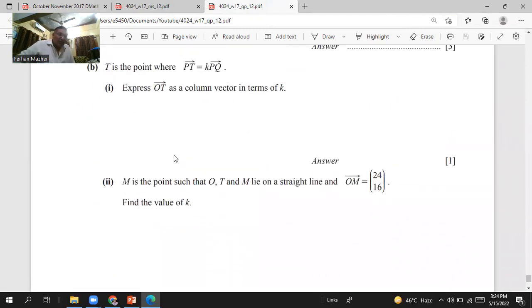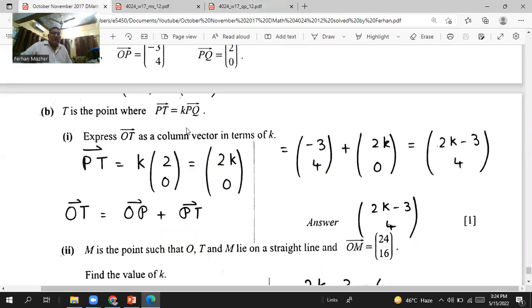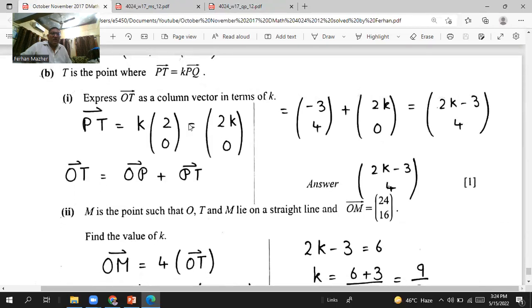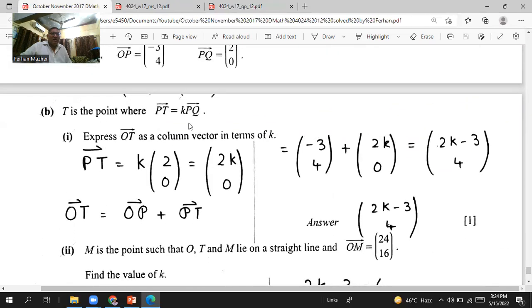So the question is express OT as a column vector. So PT will be K times (2, 0), the value of the PQ. So it will be (2K, 0).